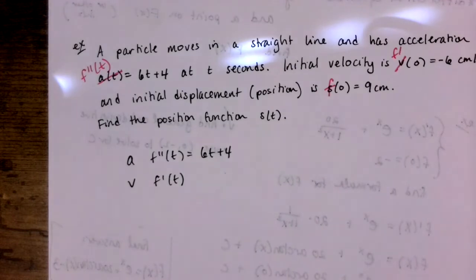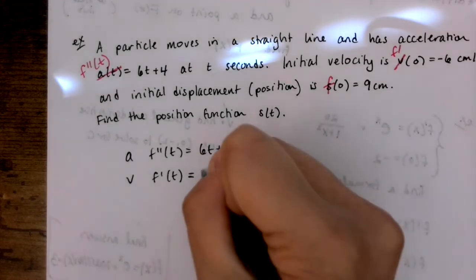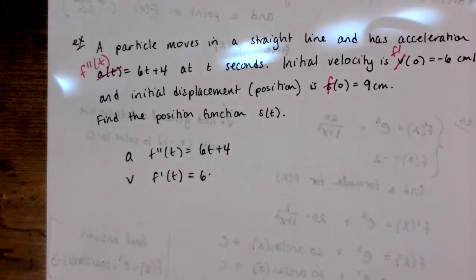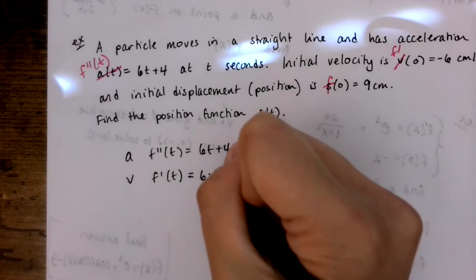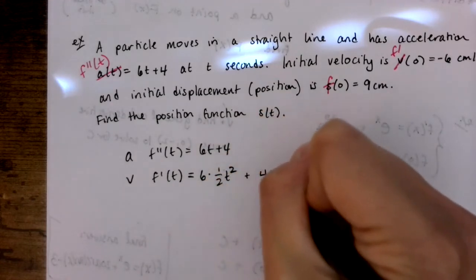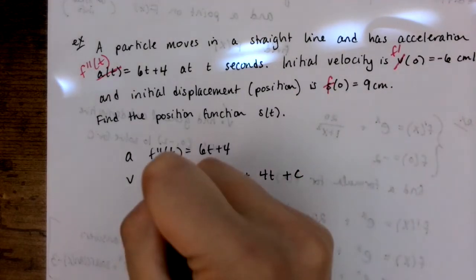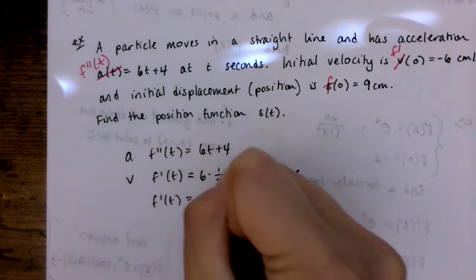We can go back one step using anti-differentiation to get essentially the formula for velocity. So I have 6 times, so t to the 1 would be 1/2 t squared, and then 4t plus c. 6 times 1/2 is 3. Clean that up a little bit.